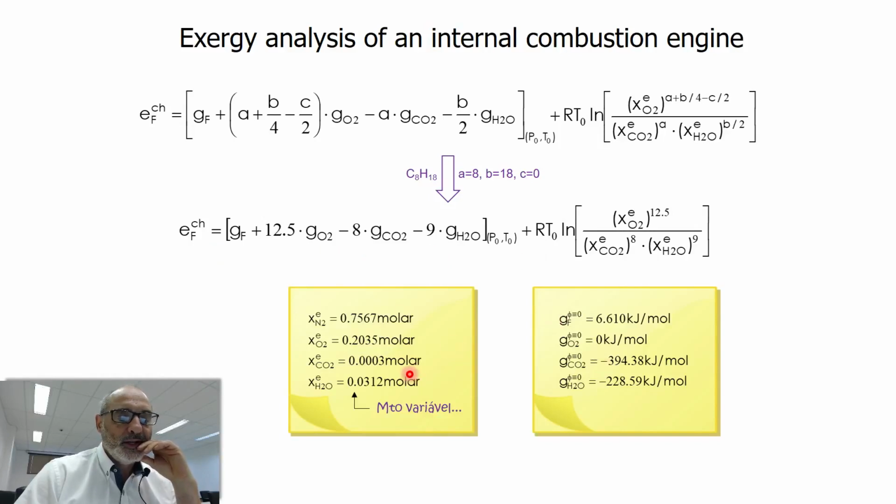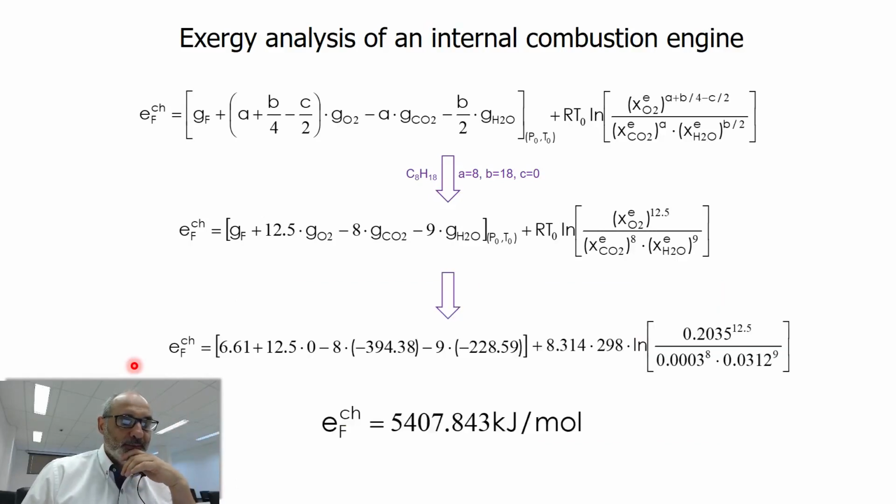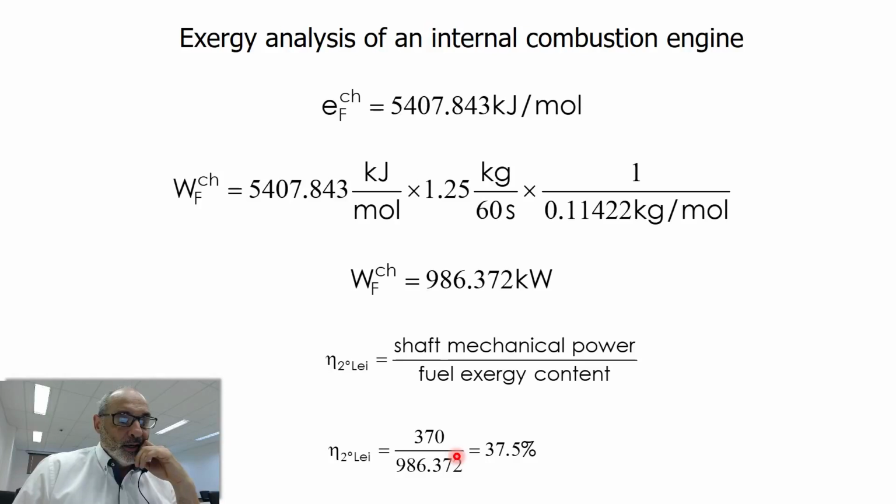So this is charted data, and this is an important observation that the concentration of H2O may vary a lot in a humid day or a very dry day. So replacing all numbers, I hope you're going to do these calculations by yourselves. We get this amount, this is the exergy content of the fuel.